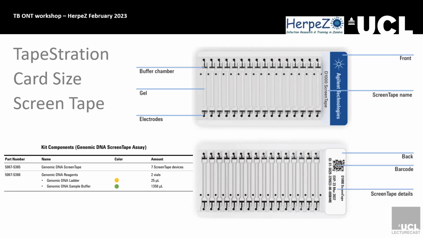I don't know exactly how it works, but you have different kits and different tapes for different processes. Where it says D1000, that's the largest fragment in its ladder.